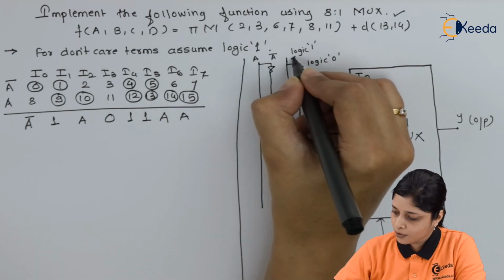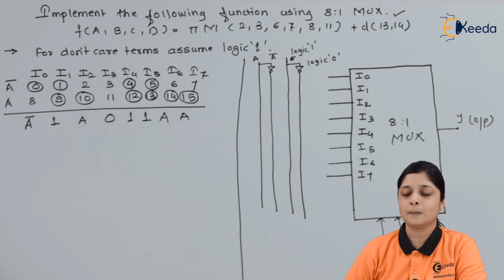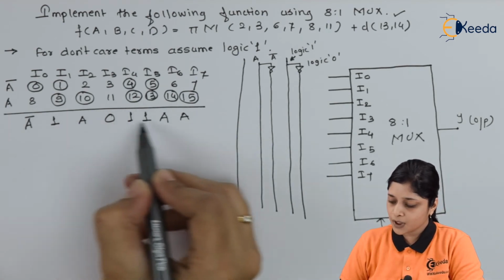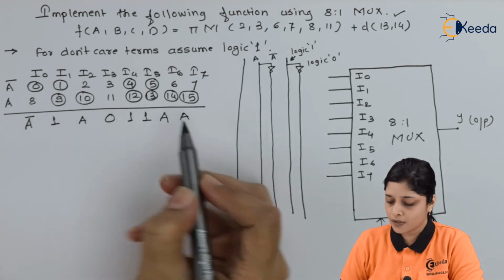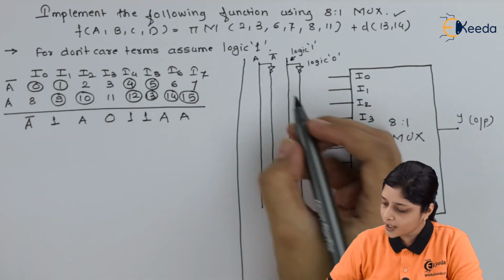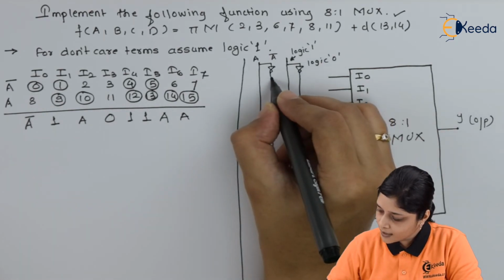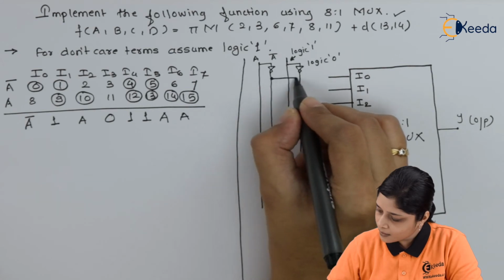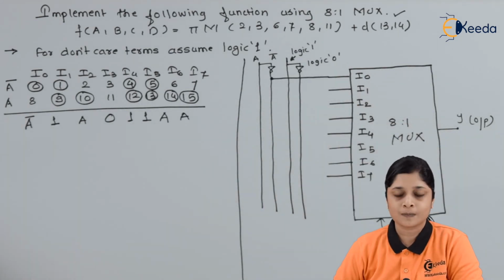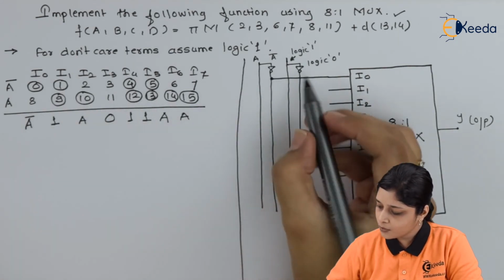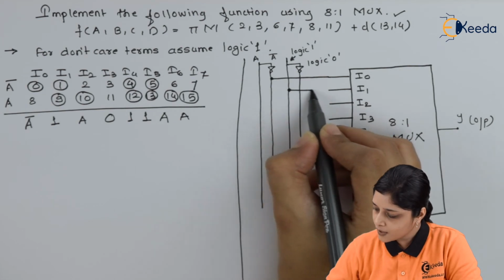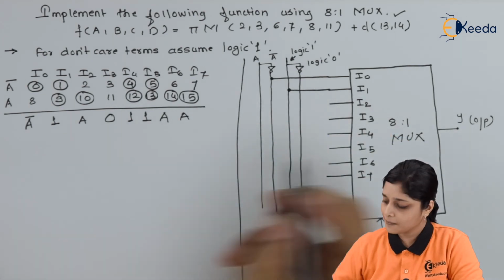This line is for logic 1. Now according to the table you have to make connections. So I0 will connect to A bar, so we will connect this A bar to I0, I1 to logic 1. So in this way you have to make connections.